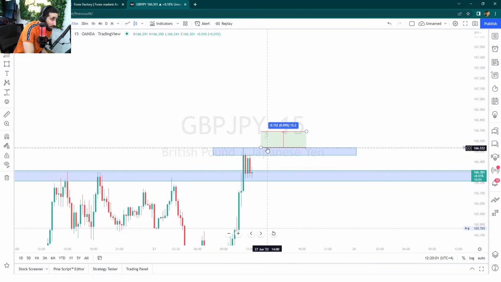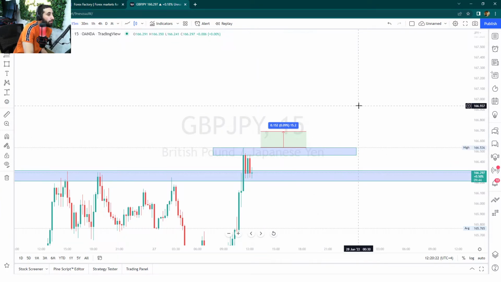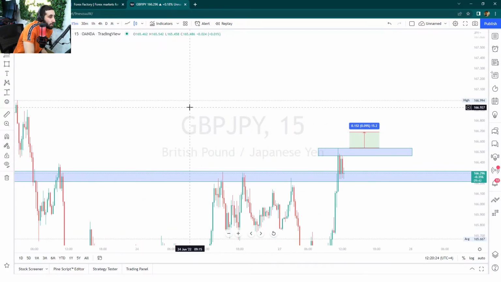You want to wait until the market crosses each of these levels and the candle closes, boom. And then we will consider trading. My level here is 15 pips, which is way better. If it crosses this one, it's going to continue up. And we will see it right now.